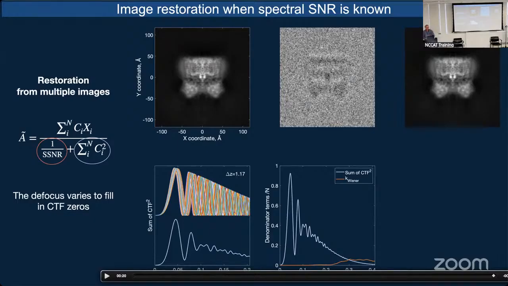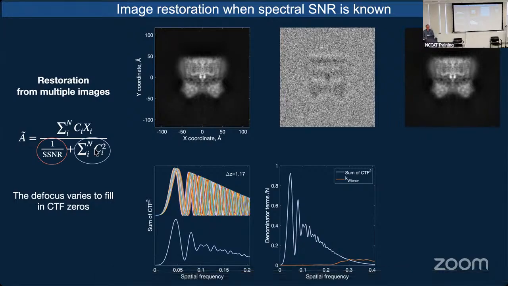I could do this post hoc, or I could do this during the calculation by looking at my reconstruction and taking its Fourier transform, and sort of saying, well, I'll use that at least preliminarily as my SSNR value, and I'll plug it in here.